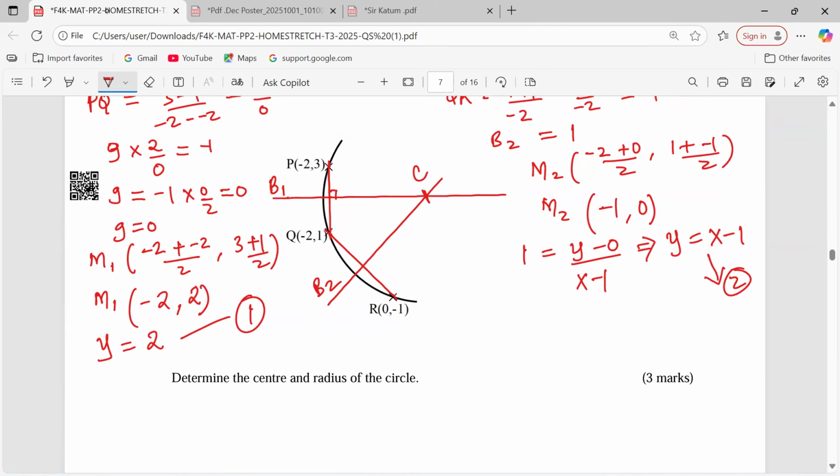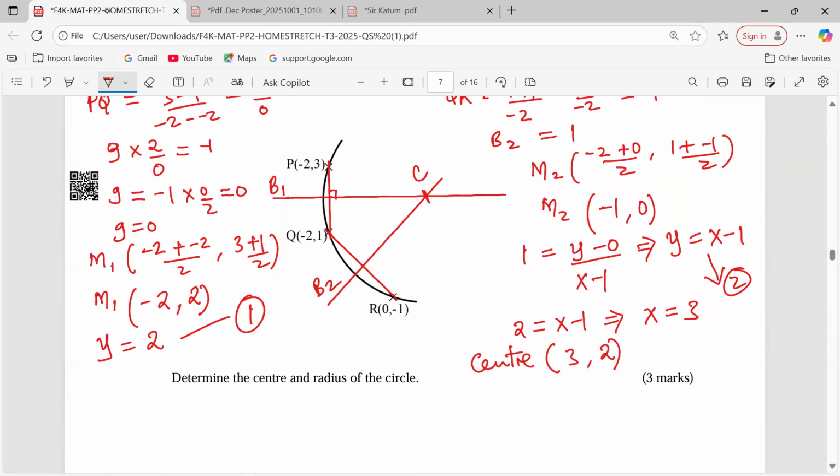So we can now say that the value of x can be found, because where these two lines meet, y equals 2. If y equals 2, then x can also be found. x shall be equal to 3. So the coordinate of the center of the circle shall be 3, 2.